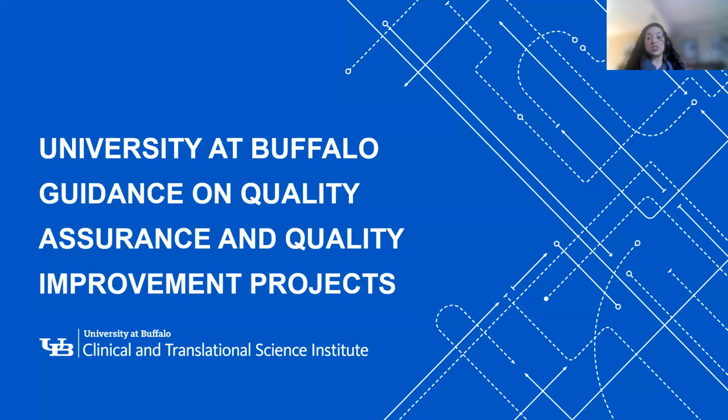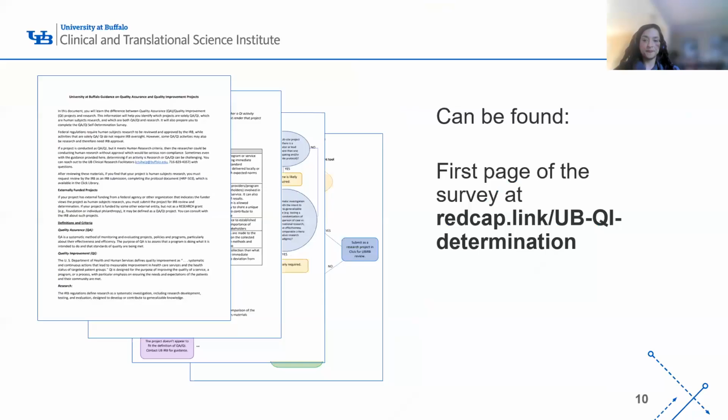The UB guidance on QA and QA/QI projects document has information that can keep you on track and understanding if your project is QI or falls into the gray area of QI that's also research. The document was created with input from the UB Clinical Research Office, the UB Office of Research Compliance, and individuals from ECMC and Kaleida Health.